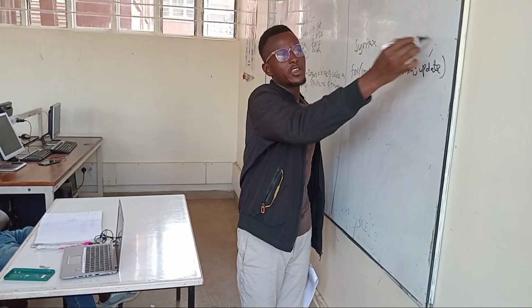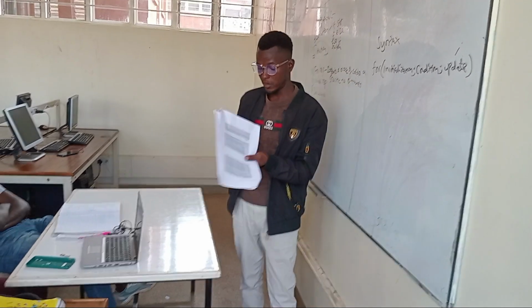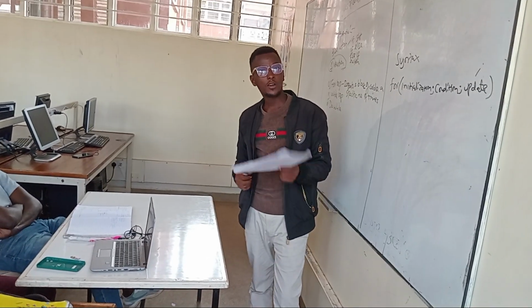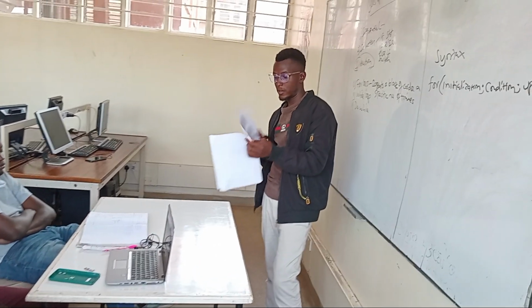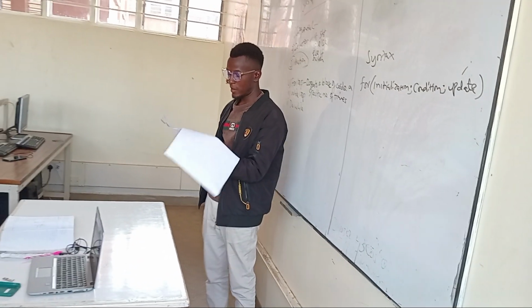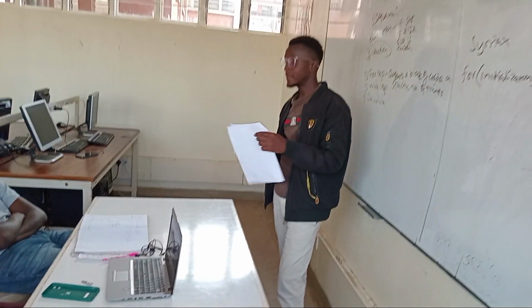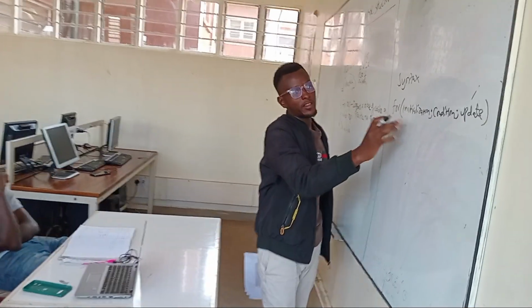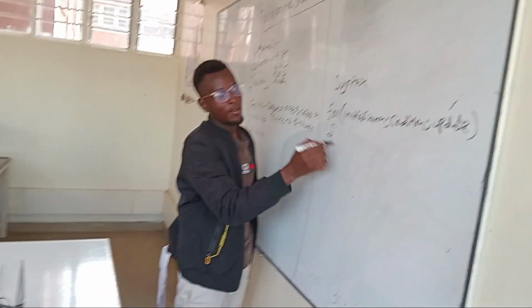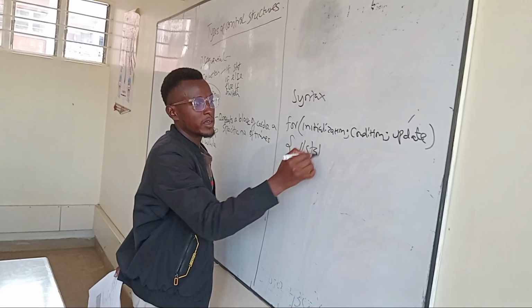Update can be the increment or the decrement. So for an example of code in C using a for loop, who can write one? If this is the syntax, here we will have the statement.